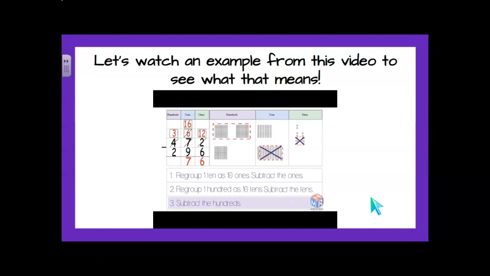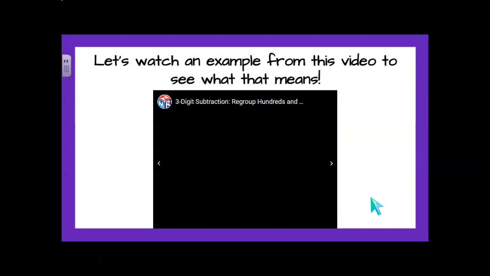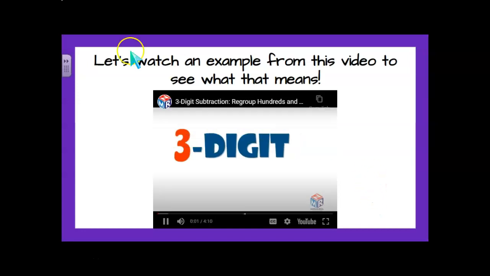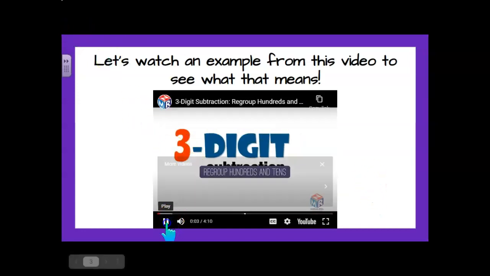Finally, subtract the hundreds. 3 minus 2 is equal to 1. So 472 minus 296 is equal to 176. Three-digit subtraction. Regroup the hundreds and the tens.